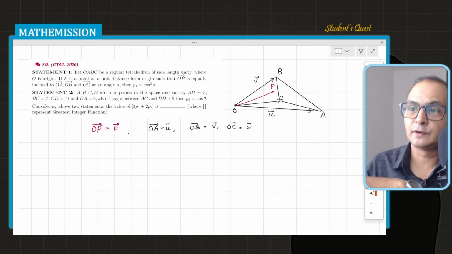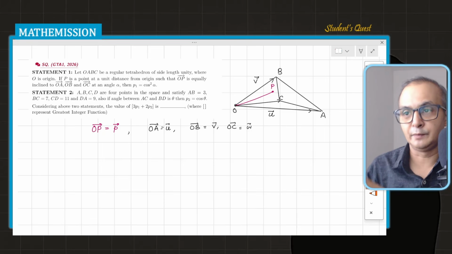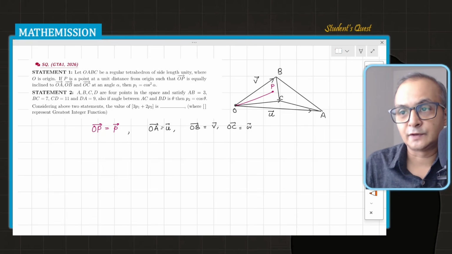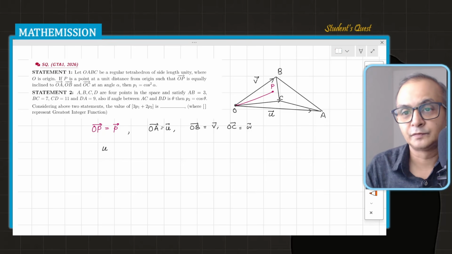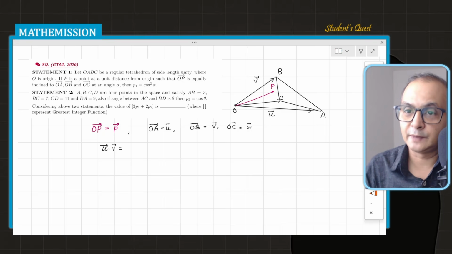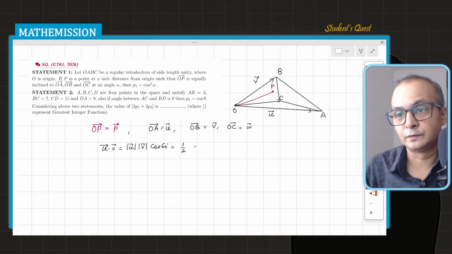Because this is a regular tetrahedron we have made, each side of length 1 indicates that if I find U dot V, it is the mod of U, mod of V, and cosine of the angle between them. And the cosine of the angle will always be 60 degrees. So U dot V will become half. And so the U dot W, and so the V dot W.